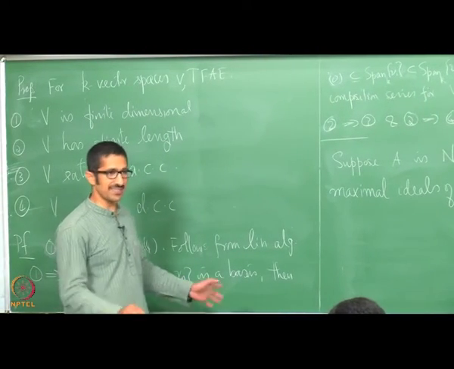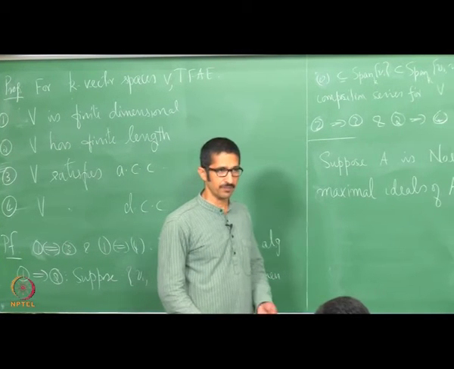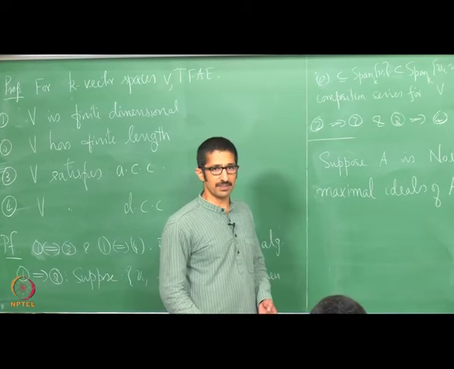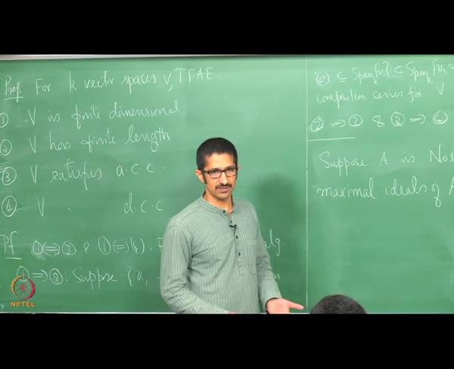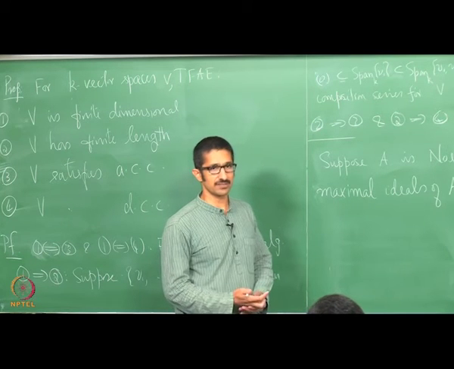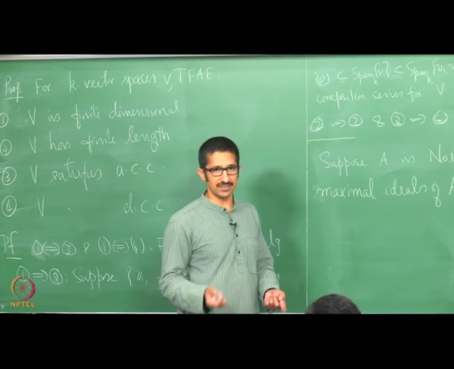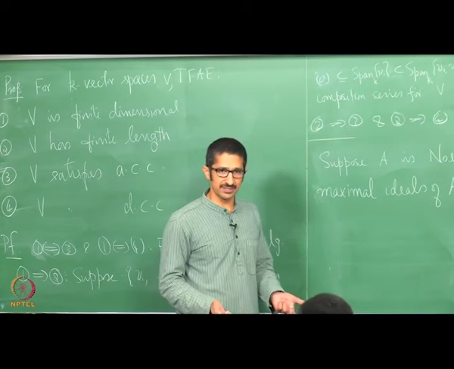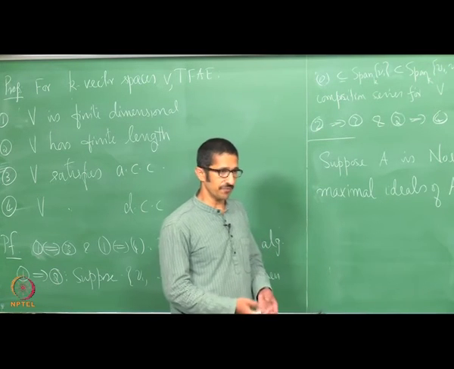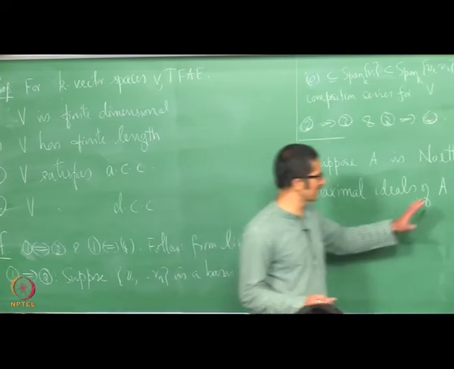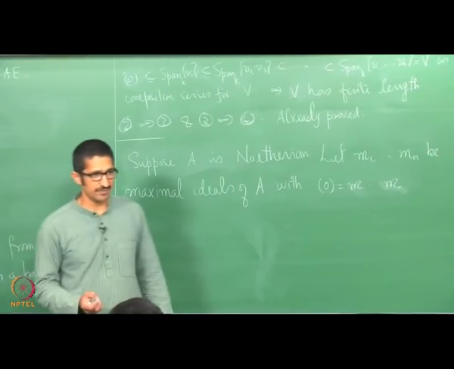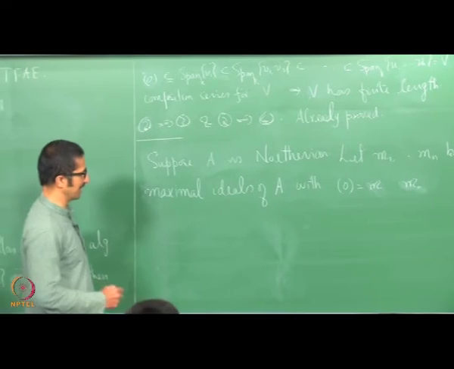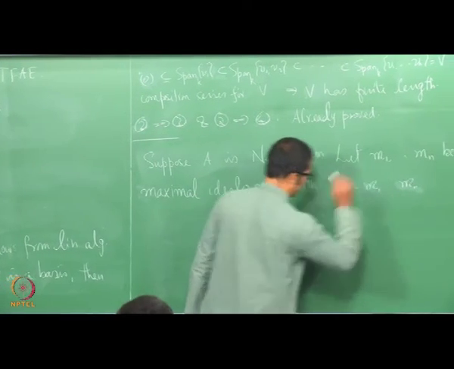The product of the maximal ideals is 0. For example, suppose you take Z6. What are the maximal ideals of Z6? 2 and 3. The product is 0. So, if you have some nice structure on A, the product of maximal ideals is 0.